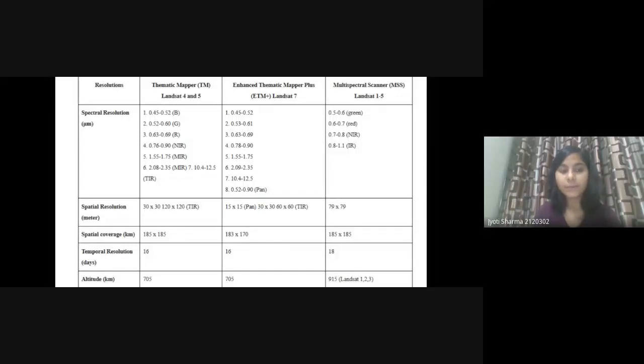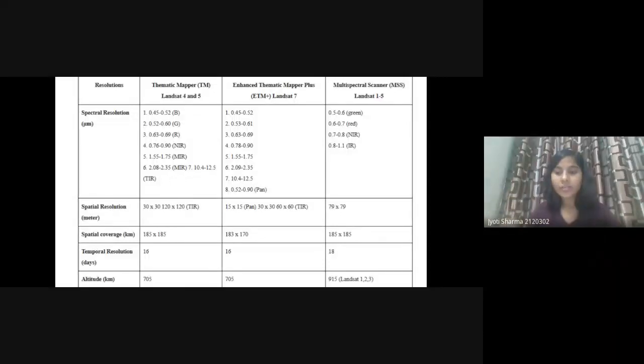Then we have the spatial coverage: in one go, how much area the sensor covers. If we have a sensor, the sensor will give some light, and in one go this light will be reflected and give you the information.